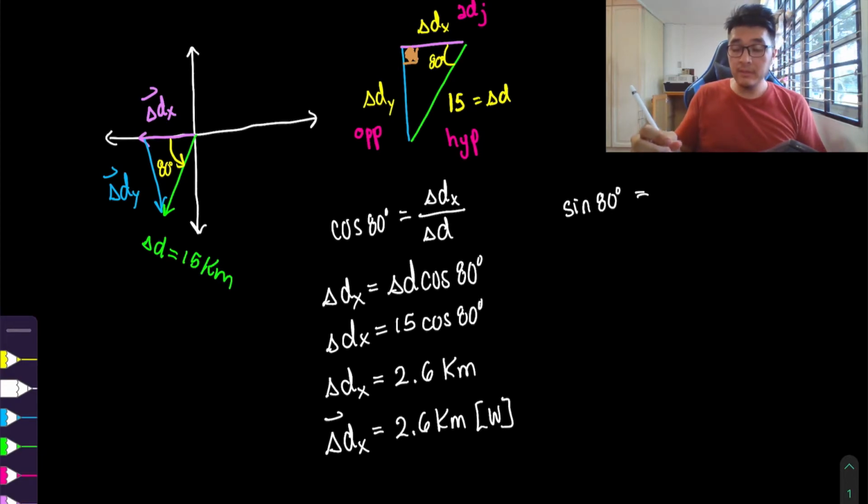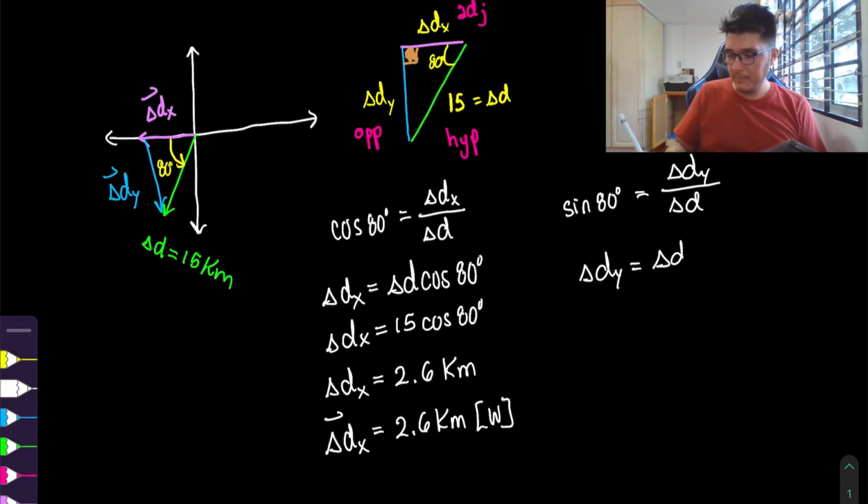Remember, sine is going to be opposite, which is delta dy, over hypotenuse, which is delta d. So we can isolate for delta dy. Putting in our value, you get 15 sine of 80 degrees.